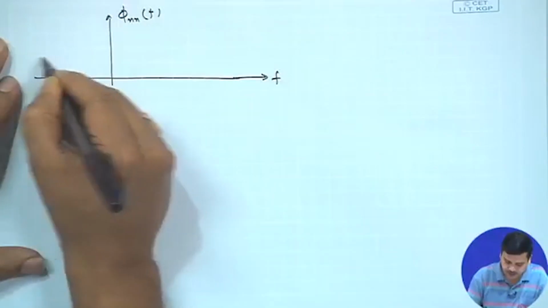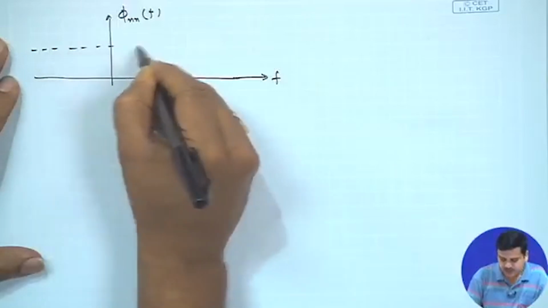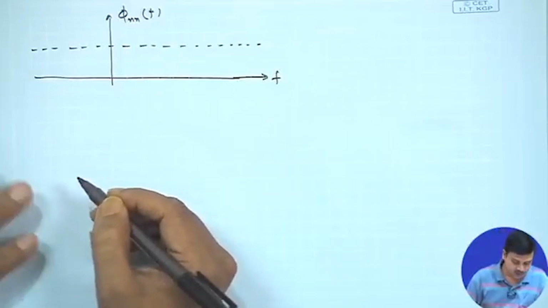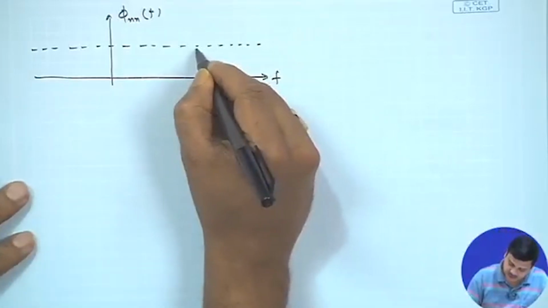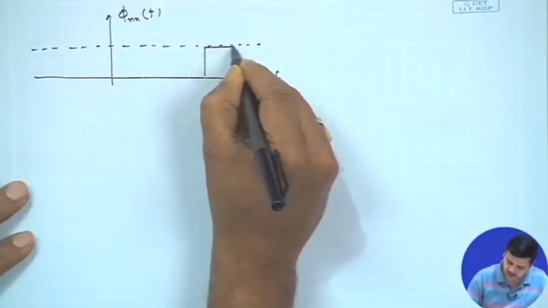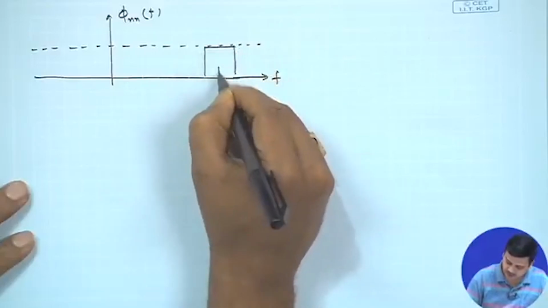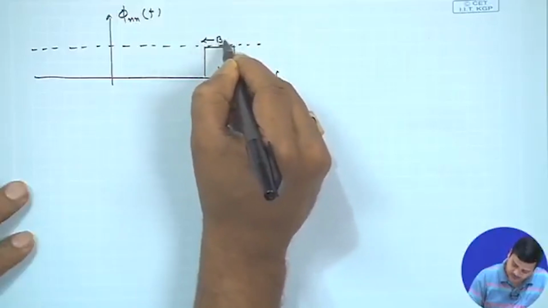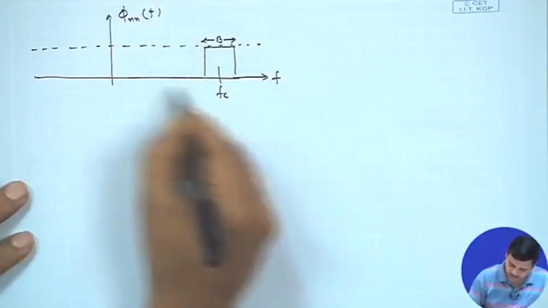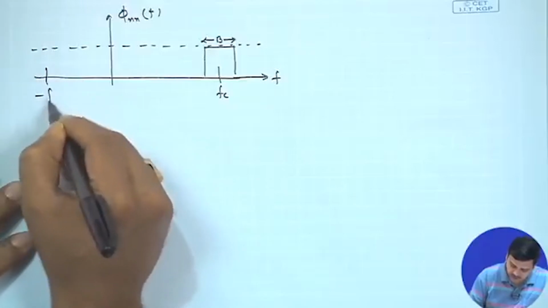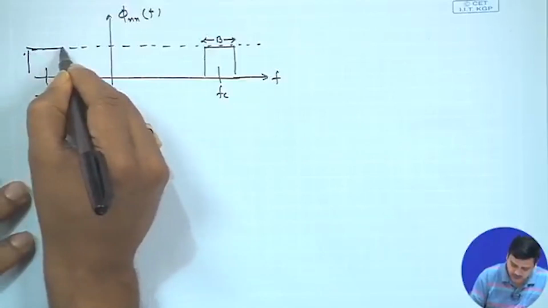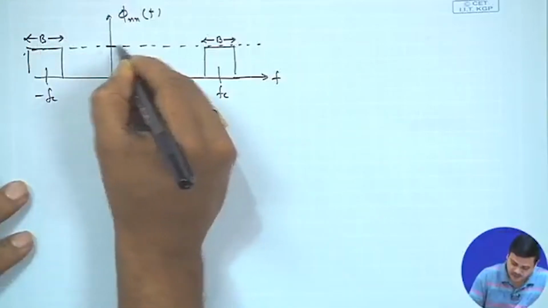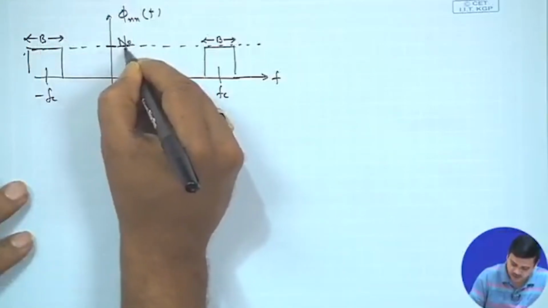Otherwise it was covering the entire band with a constant power, but now we say it is covering only a particular band which is centered around f c, and let this band be B. Similarly on this side, if we mark this as minus f c, it covers this band, and the value is n naught upon 2.